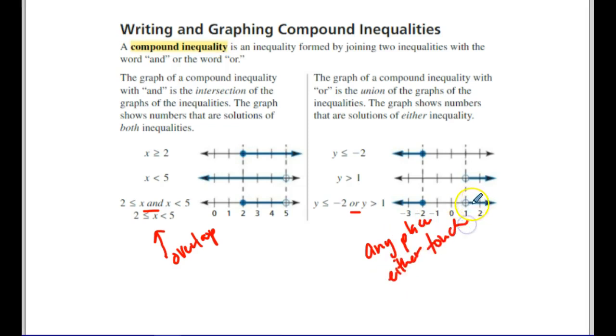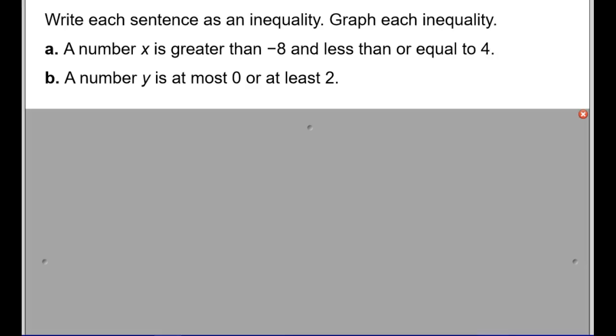And we'll see some of these in our graphs and when we're working on homework, that graphing them can really help us see where they all touch. Okay? So just remember that an and is where my graphs overlap, and an or is either of the answers. Okay? So first we have to write them down and then graph them.